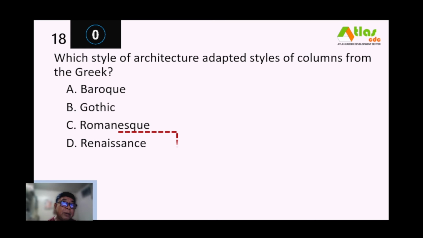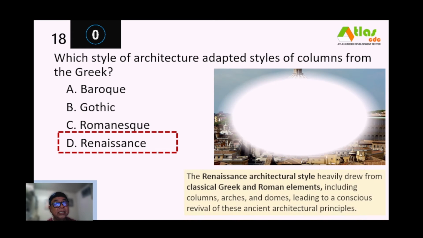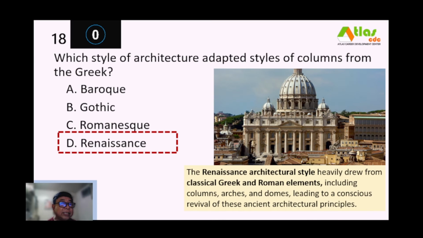And our correct answer is D, Renaissance. So the Renaissance architectural style heavily drew from classical Greek and Roman elements, including columns, arches, and domes, leading to a conscious revival of these ancient architectural principles.